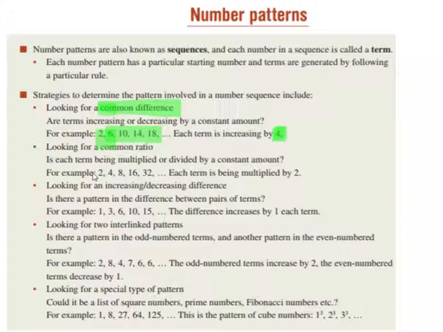The second type of number pattern is this one here: 2, 4, 6, 8. It's the doubling pattern, where each successive term is multiplied by 2. That 2 is called a common ratio.